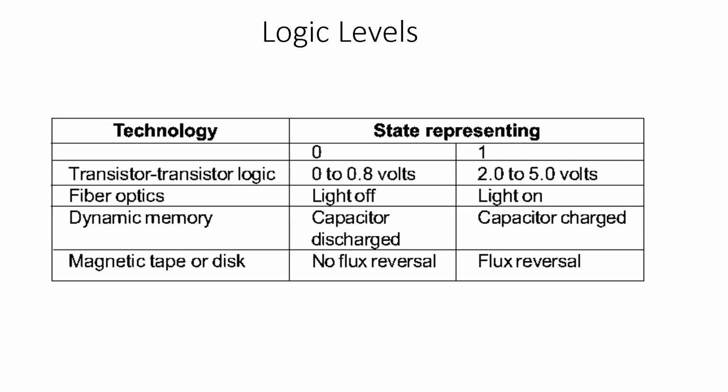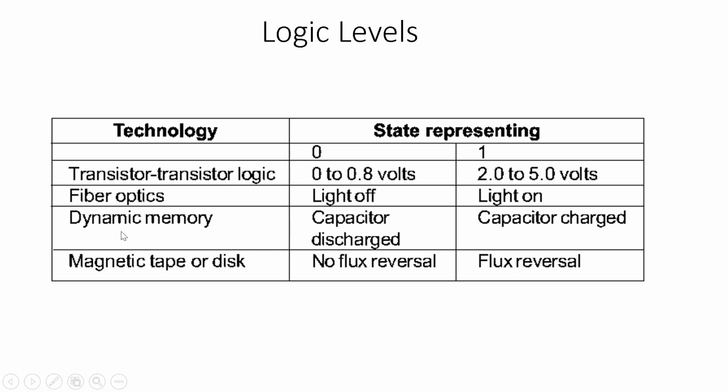We have to remember that on different technologies, there are also different state representations. We remember our binary values: 0 is low or off, and 1 is high or on. For transistor logic, it is represented by 0 to 0.8 volts for 0 and 2 to 5 volts for 1. For fiber optics, 0 means light is off, and 1 means light is on.